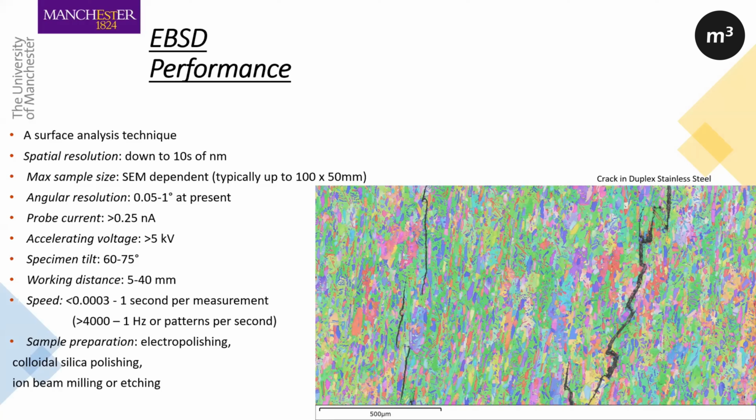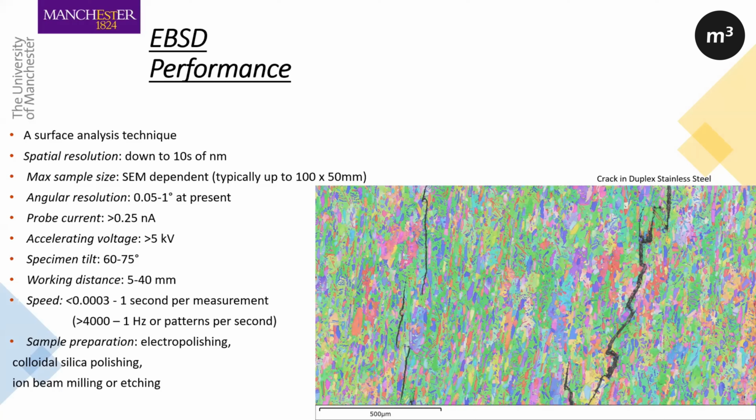EBSD performance, I've noted down a few points here. It's a surface analysis technique, and I'll explain why. Its spatial resolution is down to tens of nanometers. This is what we're talking about in a bulk sample. The maximum size of the sample depends on your SEM, of course, but it can be 100 by 15 millimeters, for example.